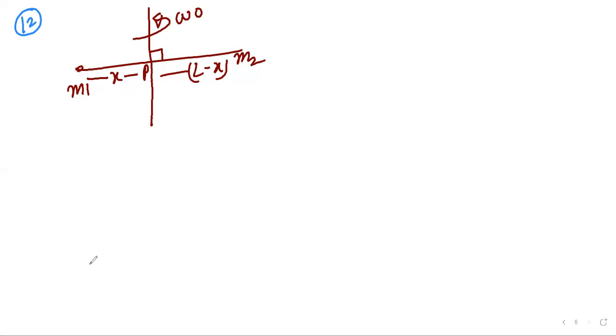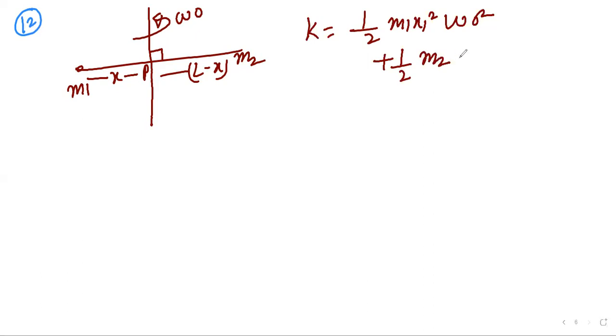So let's see, first write the kinetic energy. K is equal to 1 upon 2 M1 x1 square omega naught square, right? For the second one, it will be plus 1 upon 2 M2 L minus x whole square omega naught square, right? As we know, dK upon dx is equal to 0.